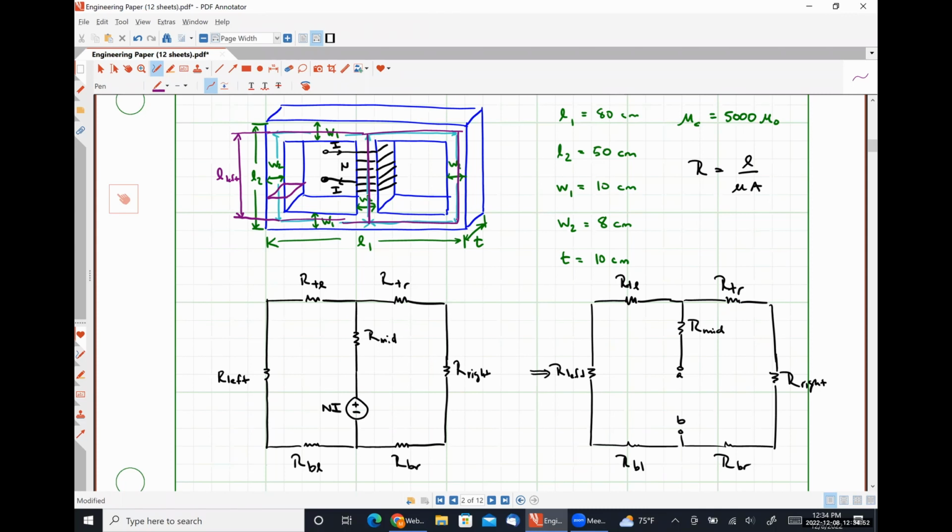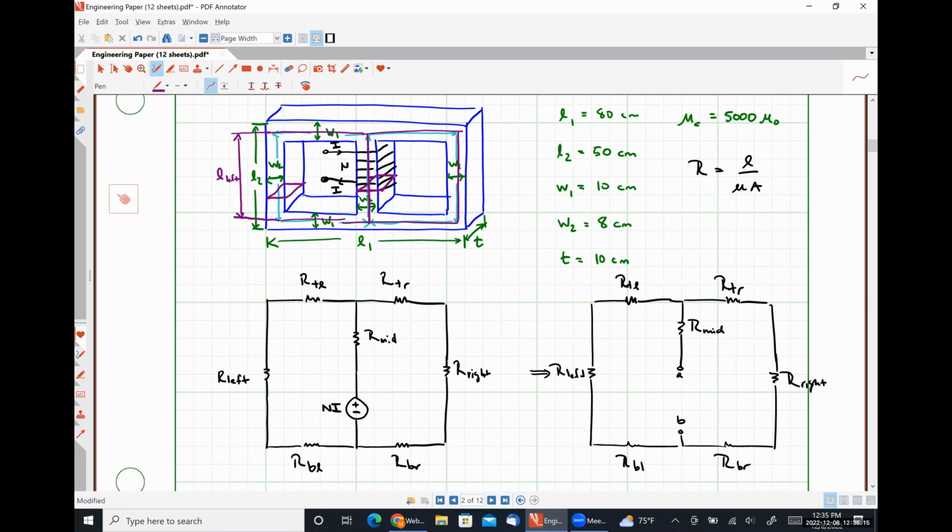So the length the flux travels in the middle and the right-hand path is the same as the left. But that's not enough for them to be equal. They also have to have the same cross-sectional area, right? So the size of this rectangle has to be the same as well.